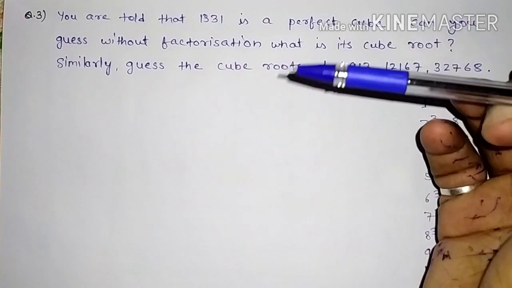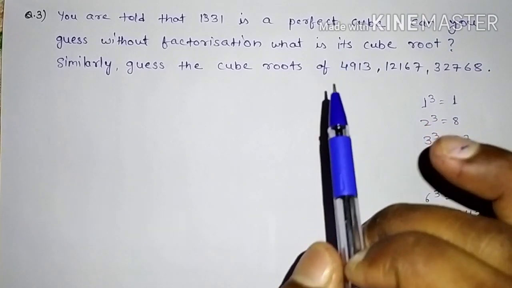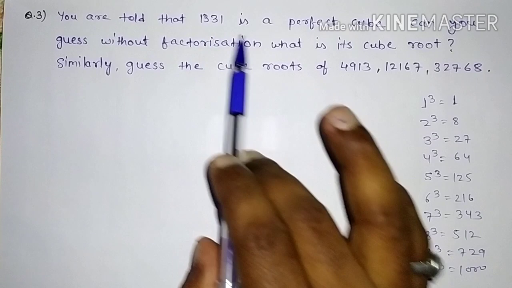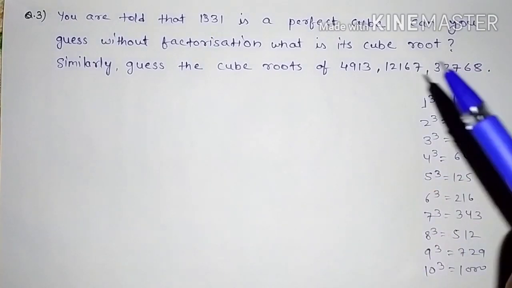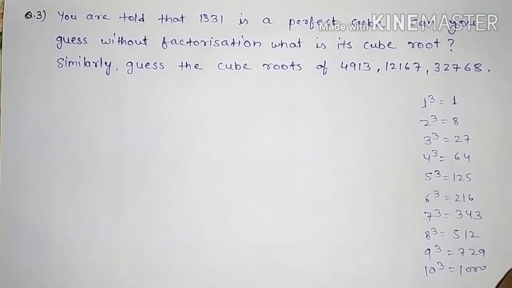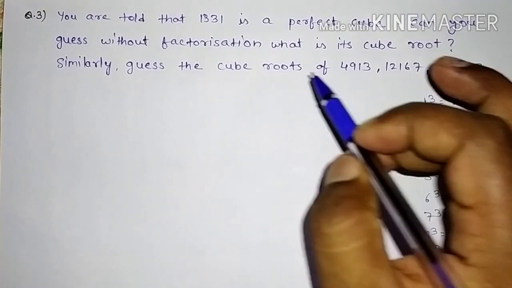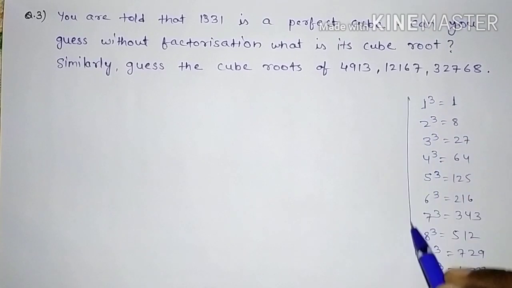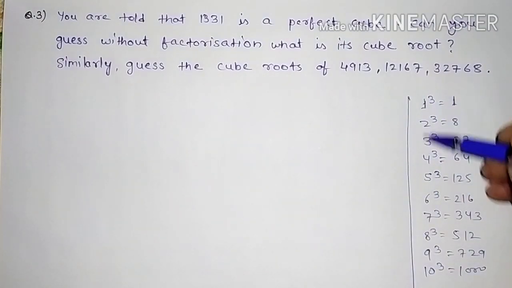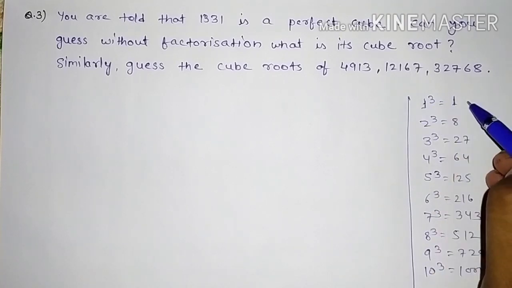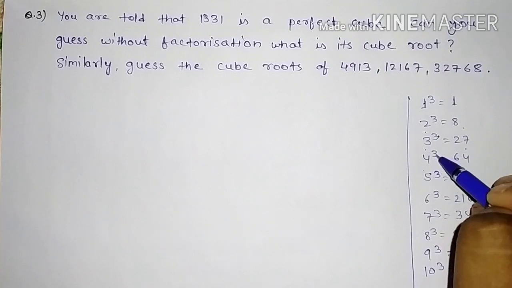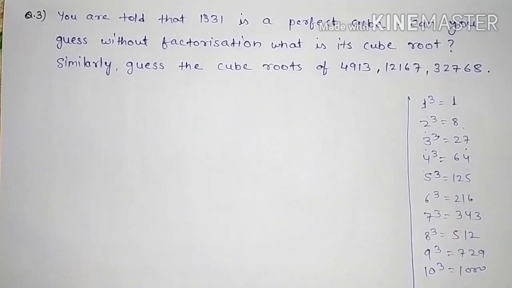Now, in this question, we have to find the cube root of the numbers given here, 1331 and the others, without the factorization method. Without any factorization, we can find the cube root of these numbers. First of all, I am writing the cubes of 1 to 10. 1 cube equals 1, 2 cube equals 8, 3 cube equals 27, 4 cube equals 64, and so on.